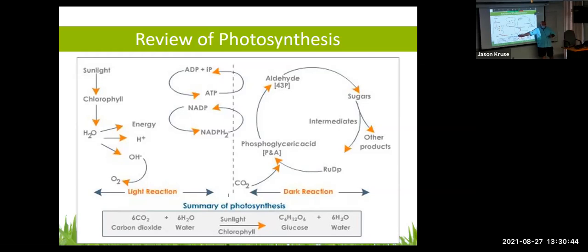But the things we talk about from a management standpoint, mowing, fertilization, diseases that impact the canopy, shade, hours of sunlight, fall versus spring with the angle of sunlight that impacts the amount of sunlight that it receives, impact photosynthesis, and that impacts the plant's growth potential and ability to handle stress and recover and things like that.